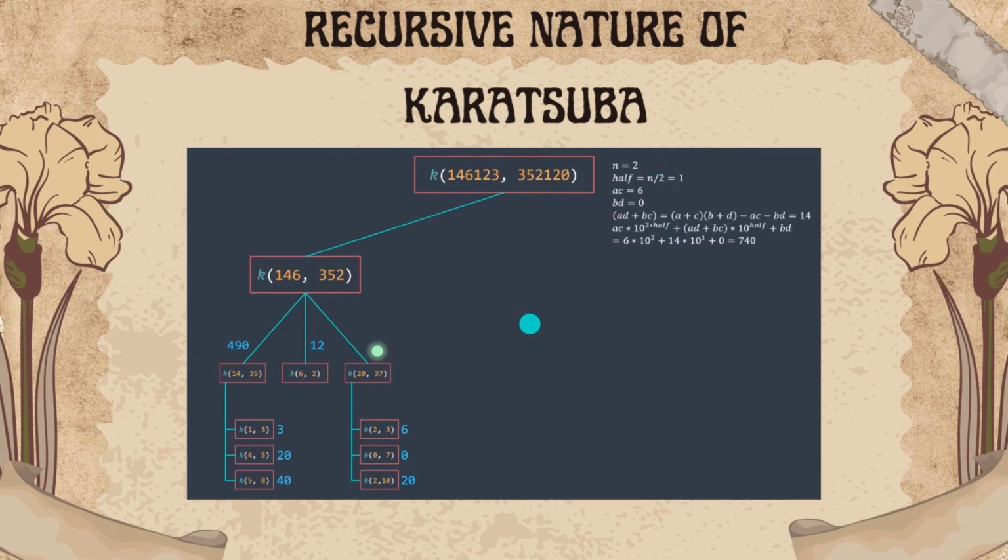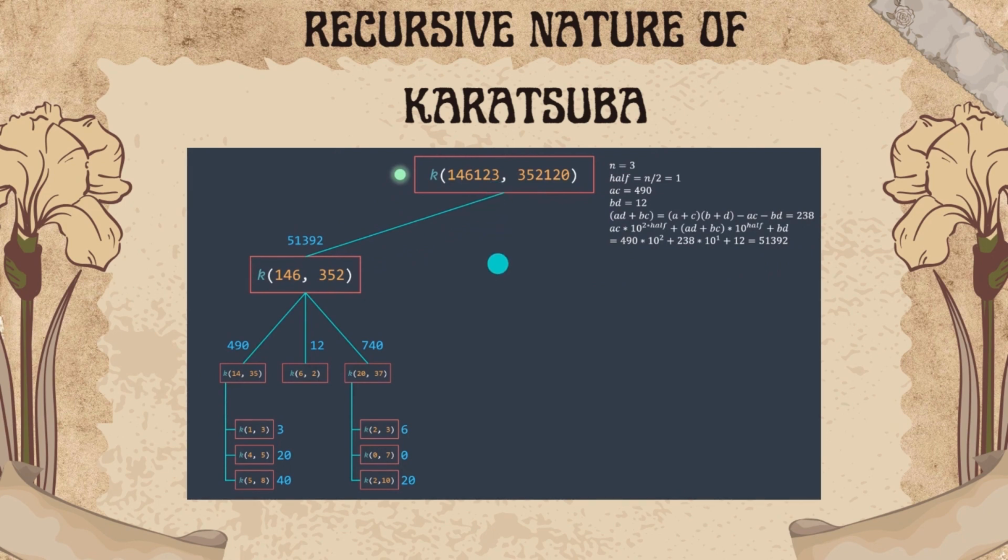So we get our values, we calculate it, we put it in the expression, we get 740, and then we use these three values, we put it in the function again, and as you guessed it, the n value will increase to 3 since there's 3 digits over here: 146, 352, and then we get a value of 51,392.